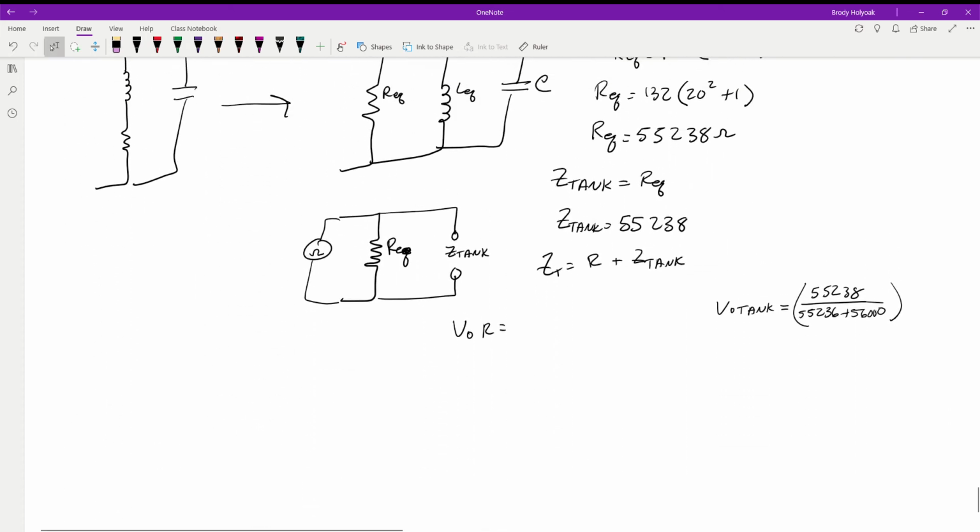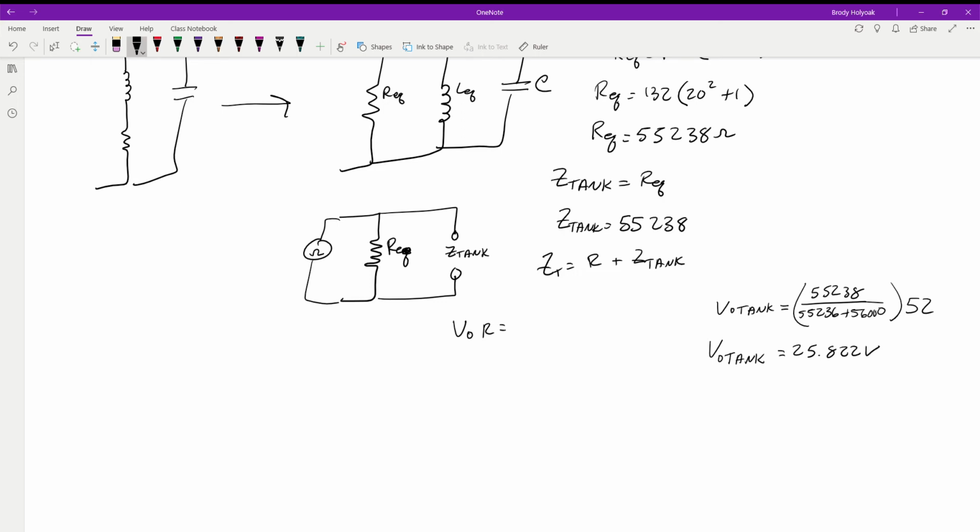So the voltage out of the tank, we take the impedance of the tank divided by the impedance of the tank plus the resistor, and multiply that by 52 volts. So V out tank at resonance is going to be equal to 25.822 volts.